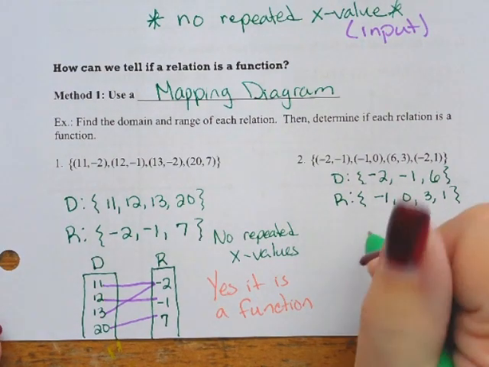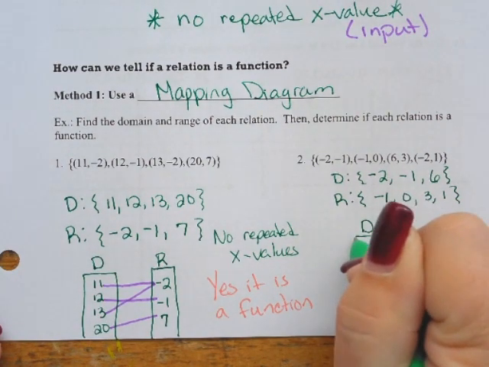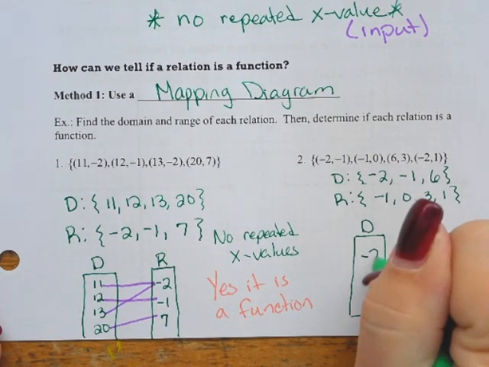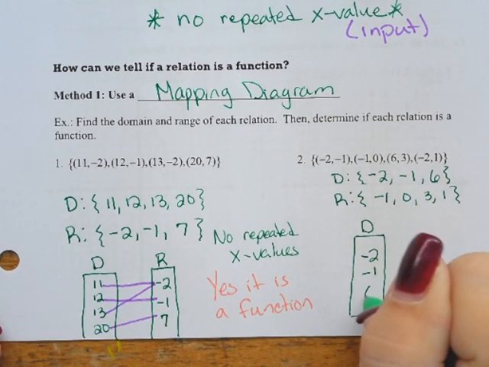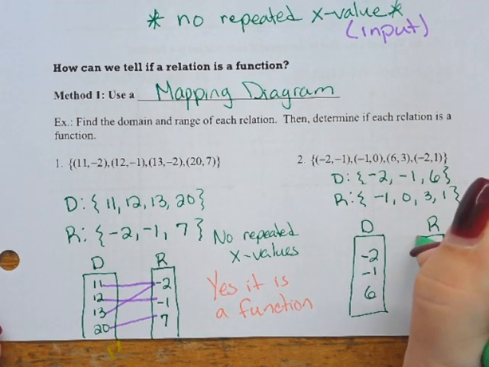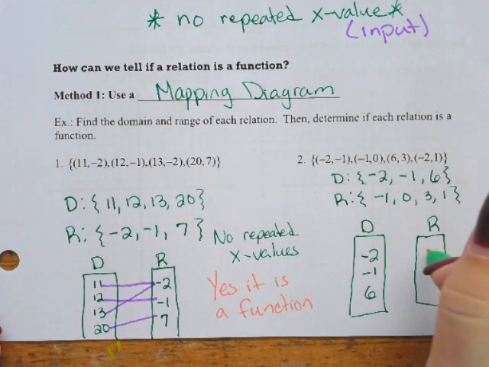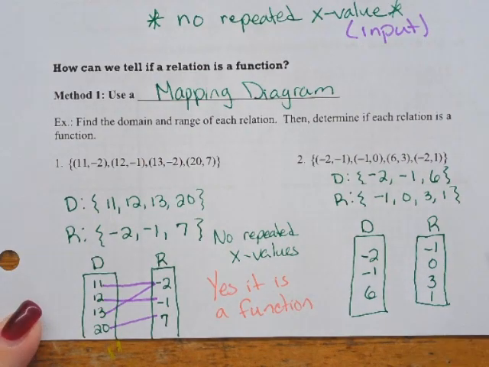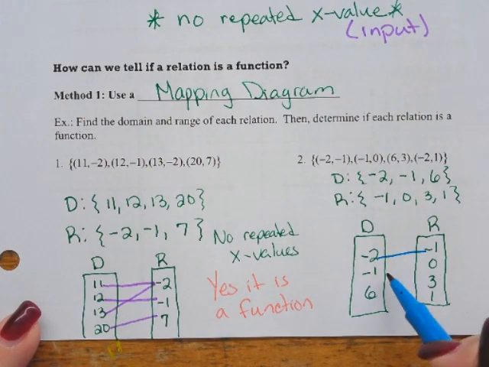All right, let's draw my box. What is the y value for -2? -1. What is the y value for -1? 0.